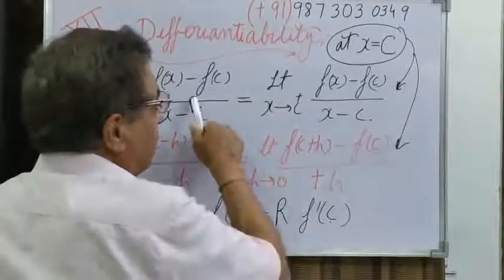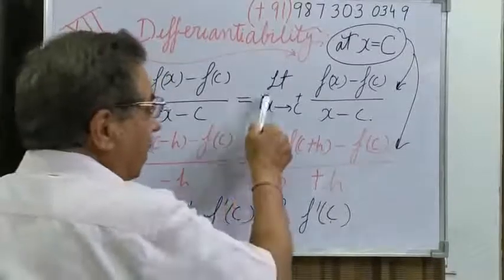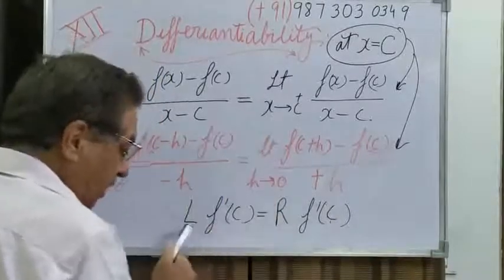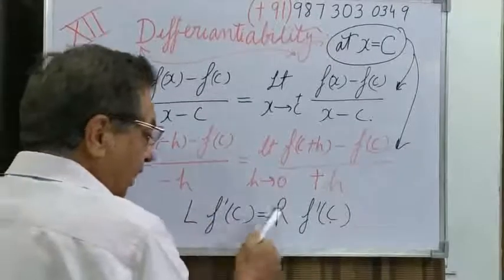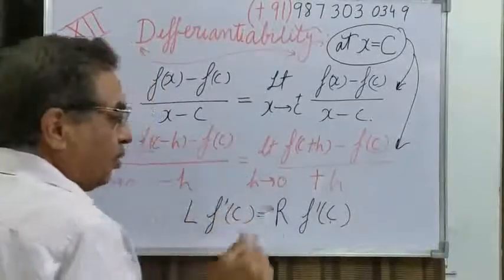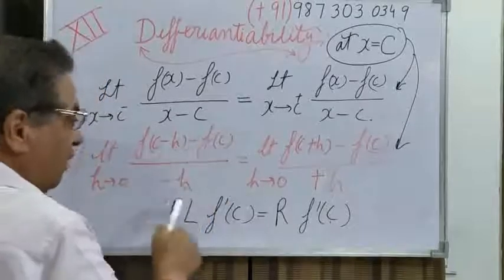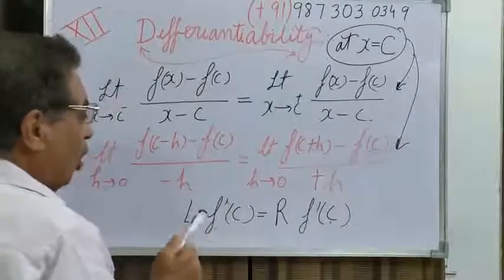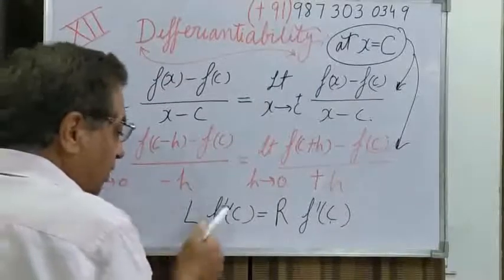We have to use either this method or this. If both limits, that is the left hand limit and the right hand limit, come to be equal, the value of this limit is called the derivative of the function at c.